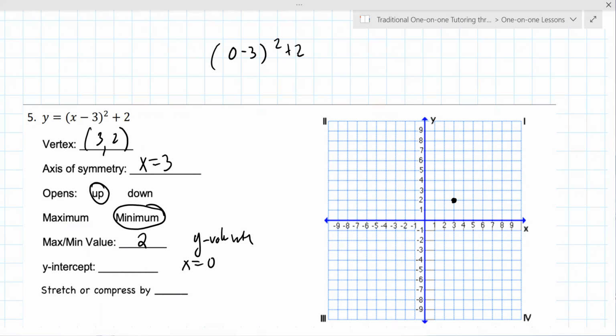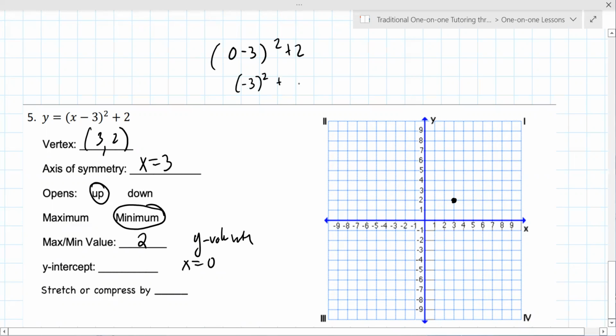What is 0 minus 3? Negative 3, squared, so negative 3 times negative 3.